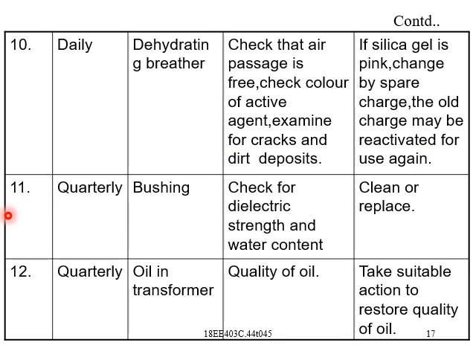The 11th maintenance is, the inspection frequency is quarterly. That means it should be done every quarter, and the item to be inspected is the bushing. The inspection done is to check for dielectric strength and water content or any dirt deposited on it.